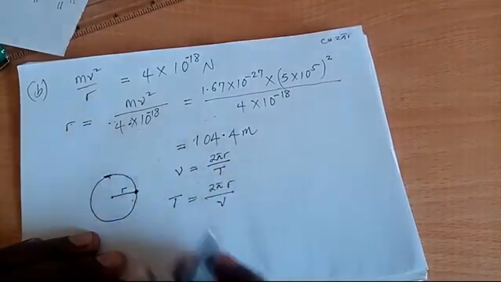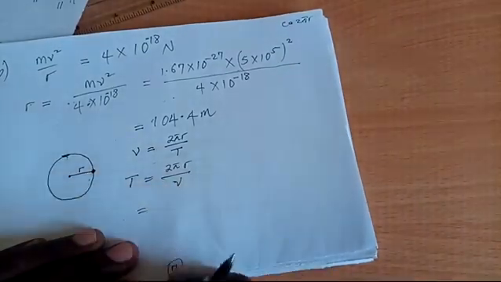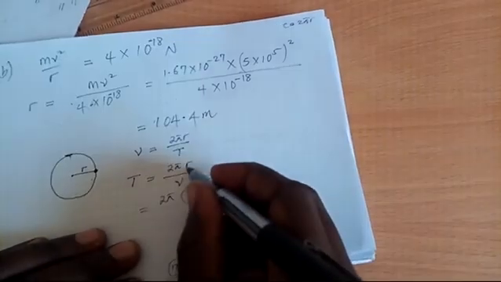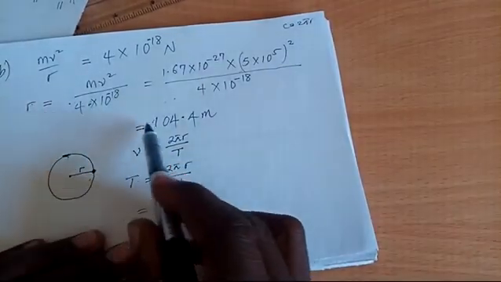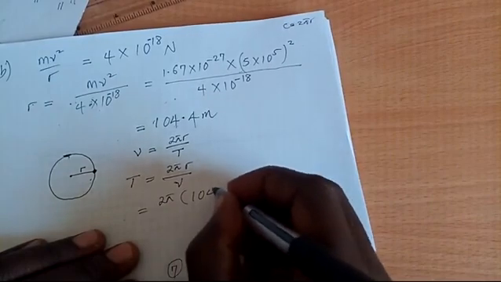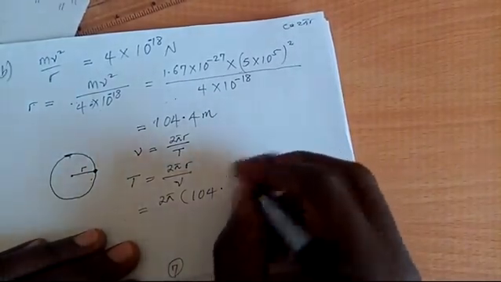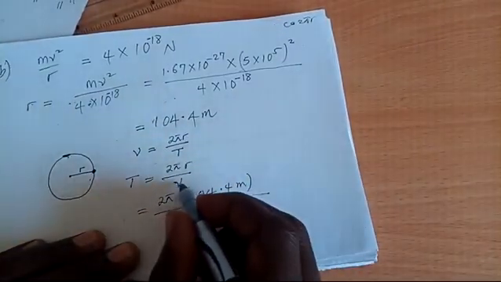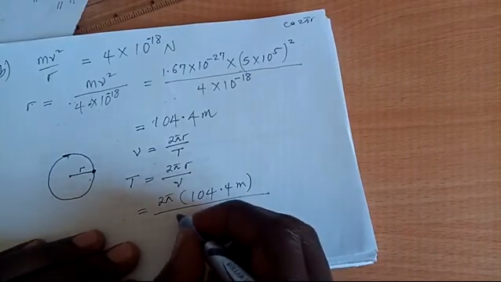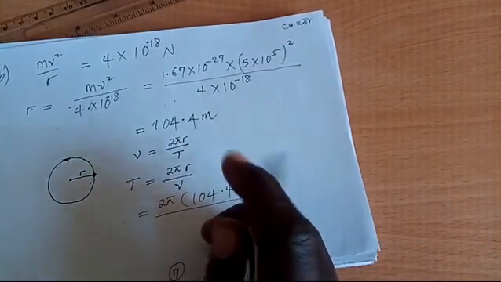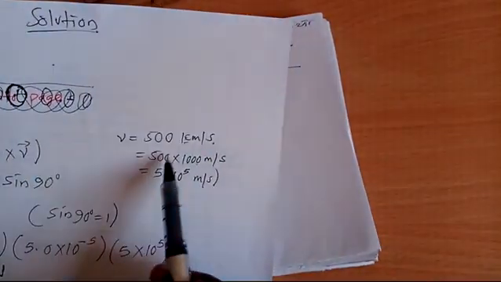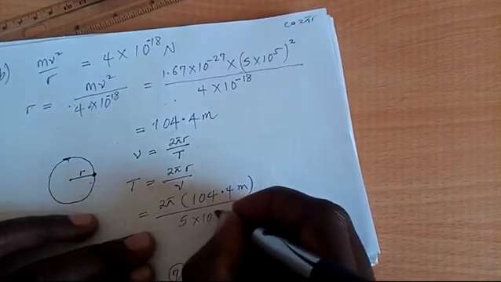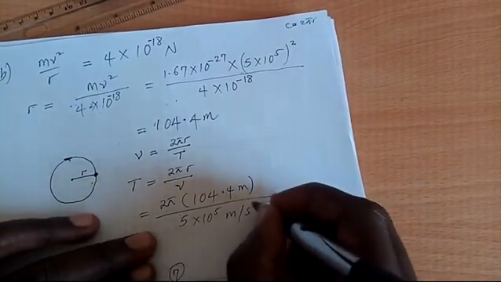divided by v. We move on and say, this is equal to 2 pi, which is a constant, and then r, we got the r from the previous calculation, 104.4 in meters, close bracket, divided by what is our v. We are given the speed, don't forget the speed. We are given the particle speed, the proton speed. We converted it to 5 exponential 5 in meters per second.